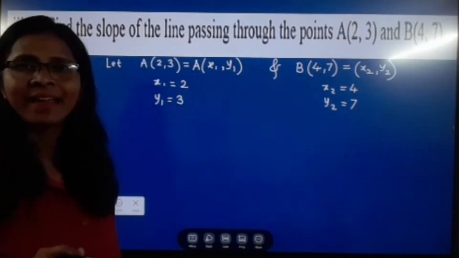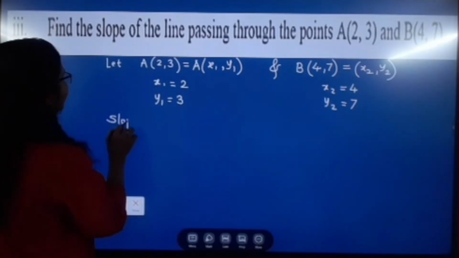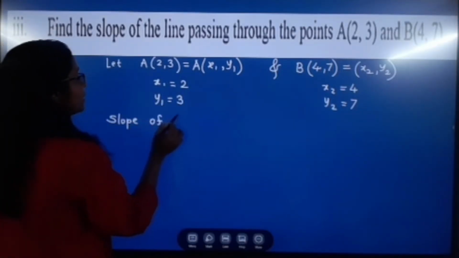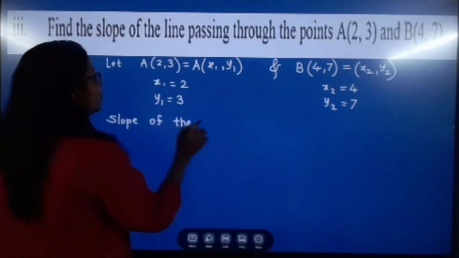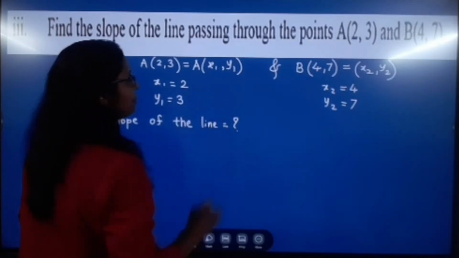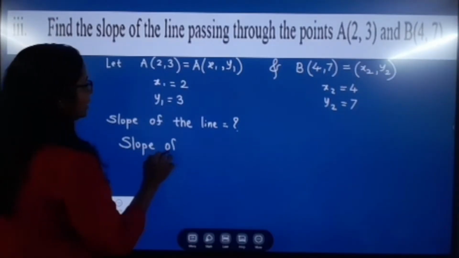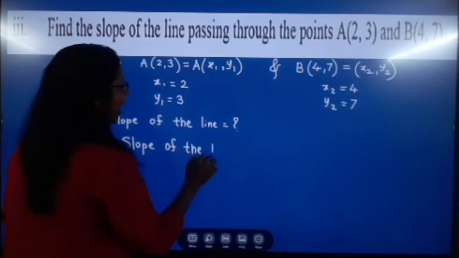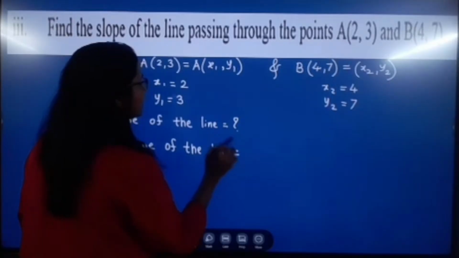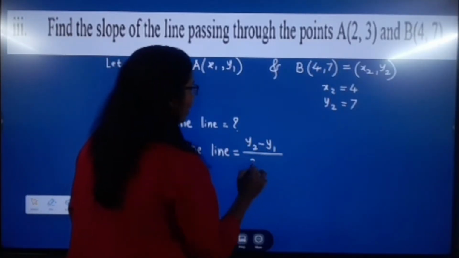If two points are given, then we can find the slope of the line by the formula: slope of the line is equal to (y2 minus y1) upon (x2 minus x1).